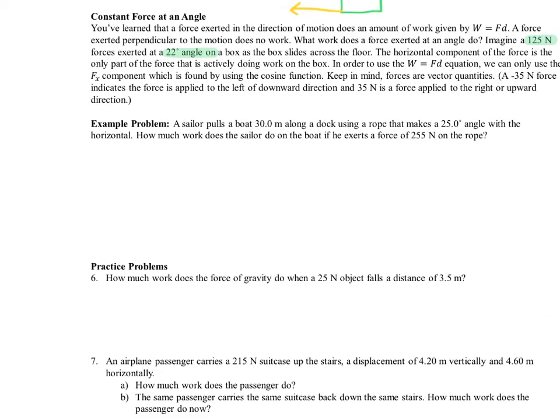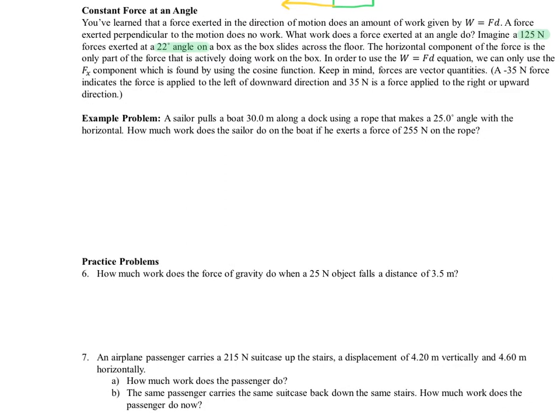Looking at this example problem, a sailor pulls a boat 30 meters along a dock using a rope that makes a 25-degree angle with the horizontal. So here is our boat and the rope, and it makes a 25-degree angle with the horizontal.